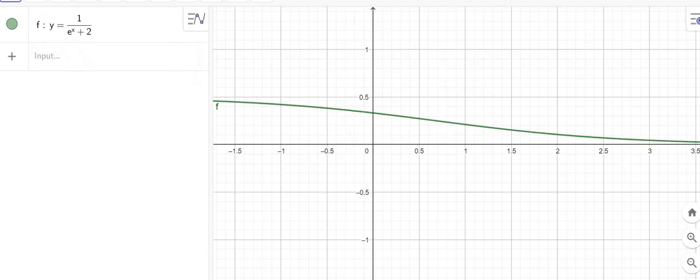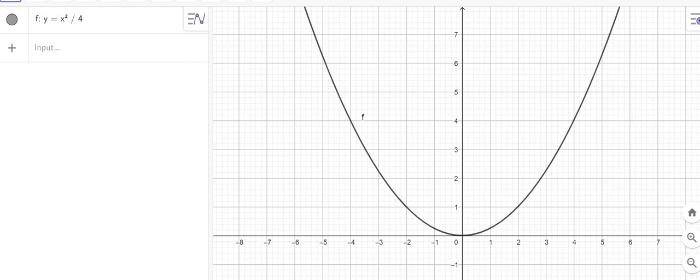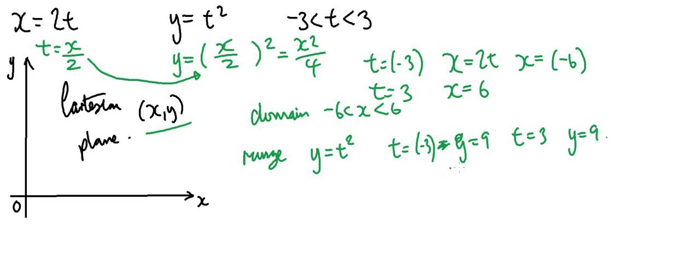But remember that this is actually quadratic. Here we've got x squared divided by 4. It's just a normal quadratic curve. It doesn't cross the x-axis, so our minimum must be 0. Our range can be 0 because our graph touches 0. So y is between 0 and 9. And that's our range.